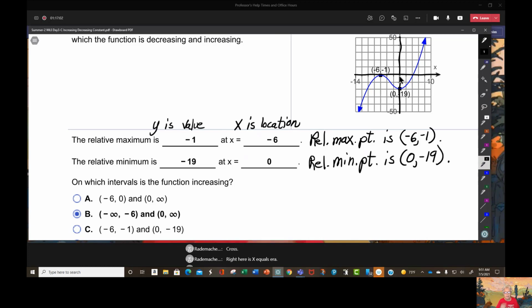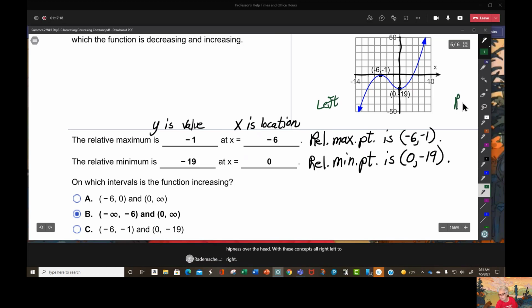Now, on which intervals is the function increasing? Man, they are hitting us over the head with these concepts. All right, left to right. Up, up, up, up.